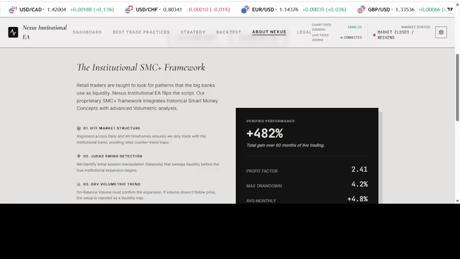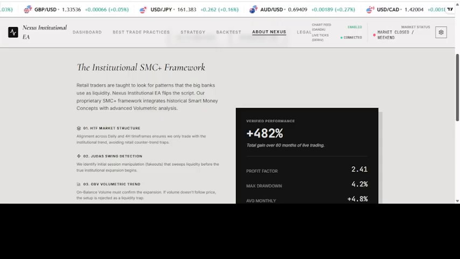And the problem is 90% of Forex traders out there trade with the same strategies, and the banks know this. But I've created an EA that flips the script with my proprietary smart money concept plus framework, which also integrates advanced volumetric analysis.